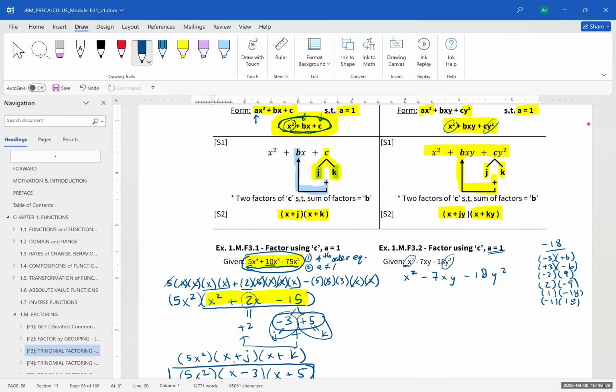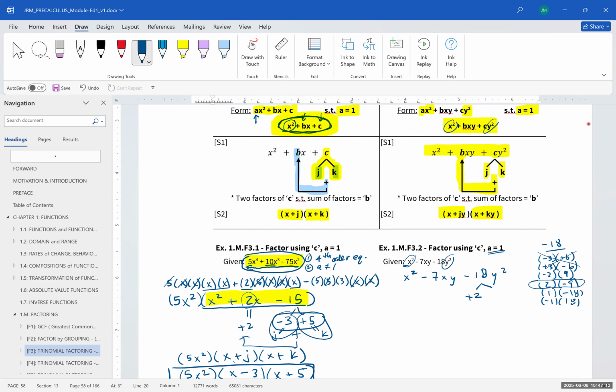All right, so we have to find a pair of these factors that will add up to give us negative 7. Right off the bat, these ones aren't going to work because if we add those together, that's going to give us positive 3 and negative 3. So it actually looks like we're going to have to use this one, because positive 2 minus 9 will give us negative 7, right?